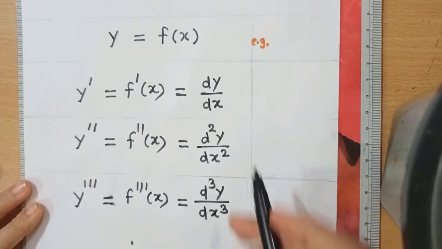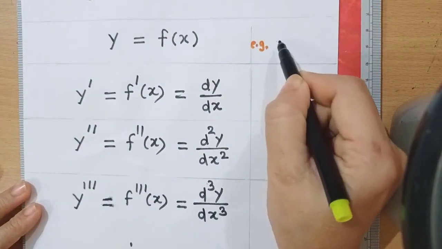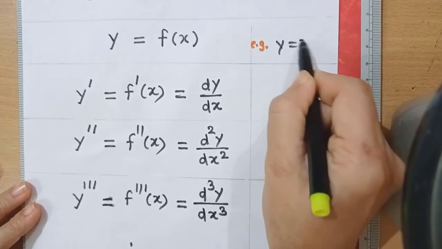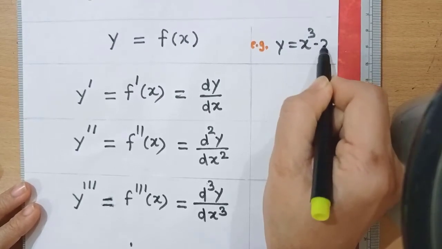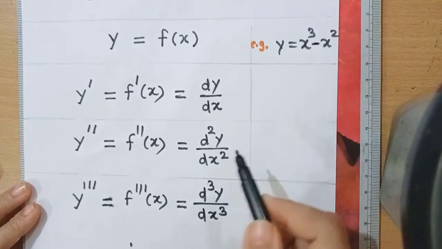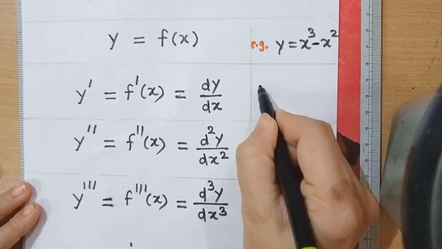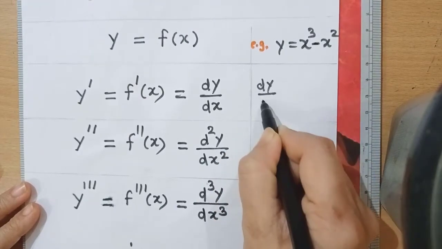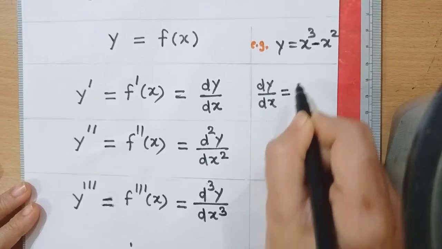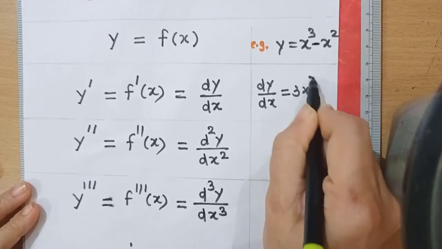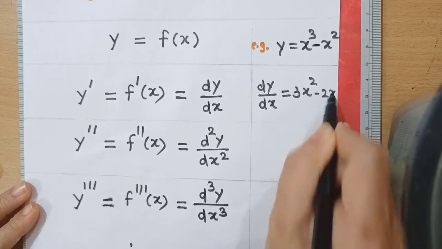Now let's see one example. Let y is equal to x cube minus x square. This is the function of x. Then its first derivative is given by dy by dx is equal to 3x square minus 2x.